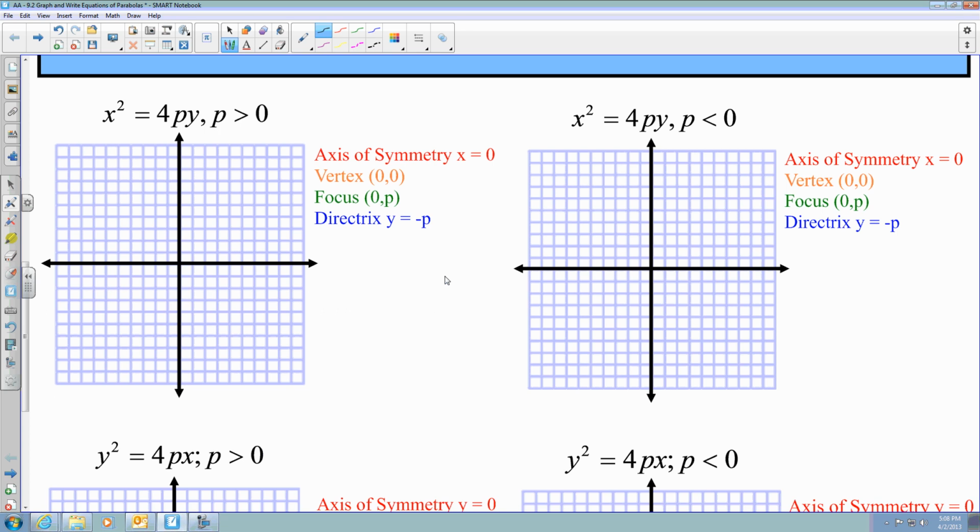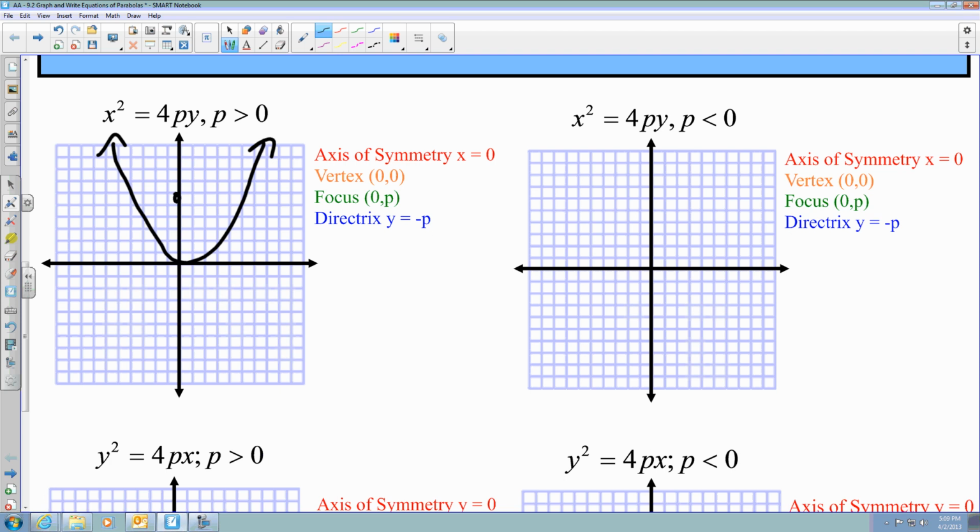So here are some other things of classification. If we make the assumption that the axis of symmetry is x equals 0, the vertex is 0, 0, the focus is 0, comma p, and the directrix is y equals negative p, we can say that this type of parabola will have an upward direction, looking something kind of like this.